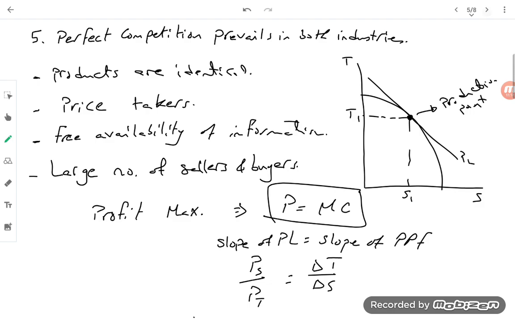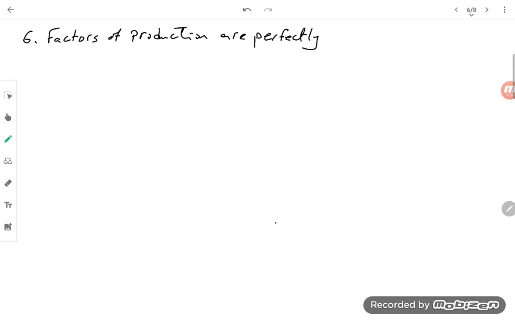Assumption number 6. Factors of production are perfectly mobile between industries within each country.